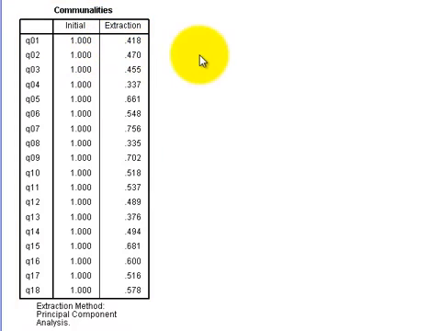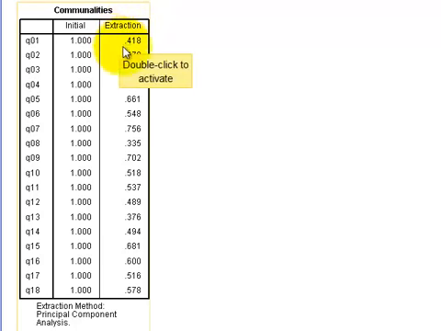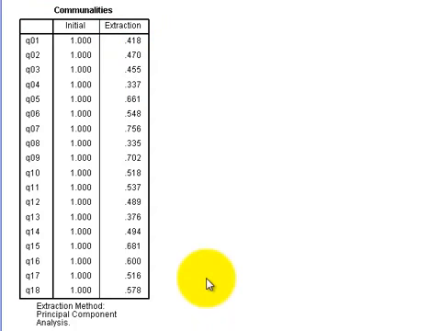So for this extraction, you're looking for any number that's less than 0.3. If you have a number under the extraction table that's less than 0.3, you probably will have problems with that individual question or item. I don't see anything less than 0.3, so I think we're good to go.